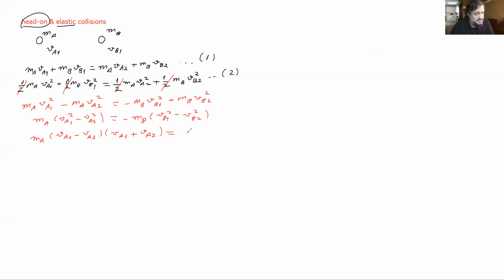Similarly, on the right-hand side, negative mb times (vb1 minus vb2) times (vb1 plus vb2). Okay? So, let's take the momentum equation now, which is equation number 1.